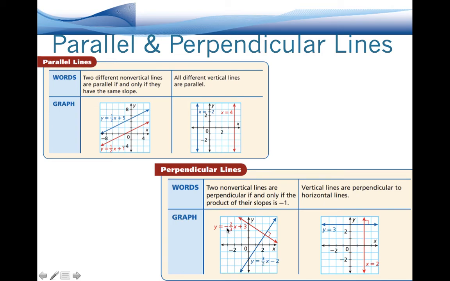This one was negative 2/3 x plus 3. This one was a positive 3 over 2 x. So the sign went from negative to positive, and they flipped the slope. It was 2/3, now it's 3 over 2.